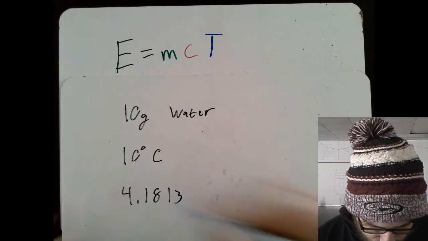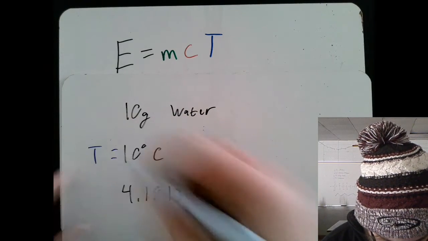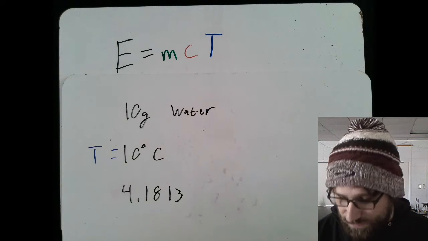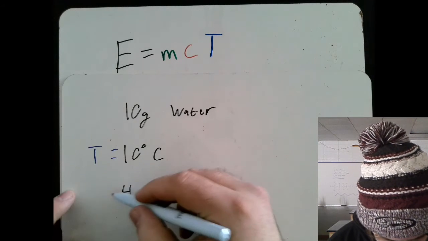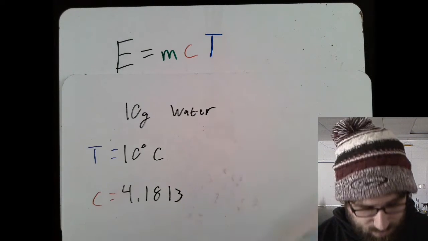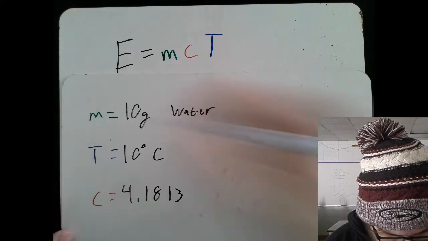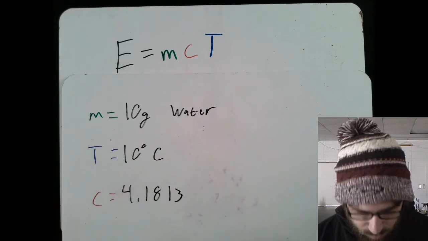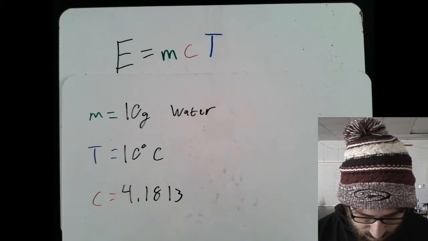So my temperature change, that's going to be this one right here. My specific heat, it's going to be this one right here. And my mass, it's going to be this one right here. So now that we know which variables are which, we just plug them into this equation.